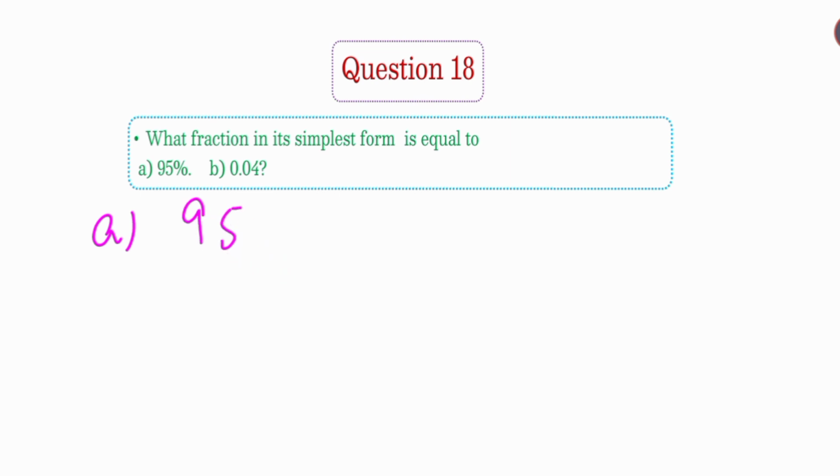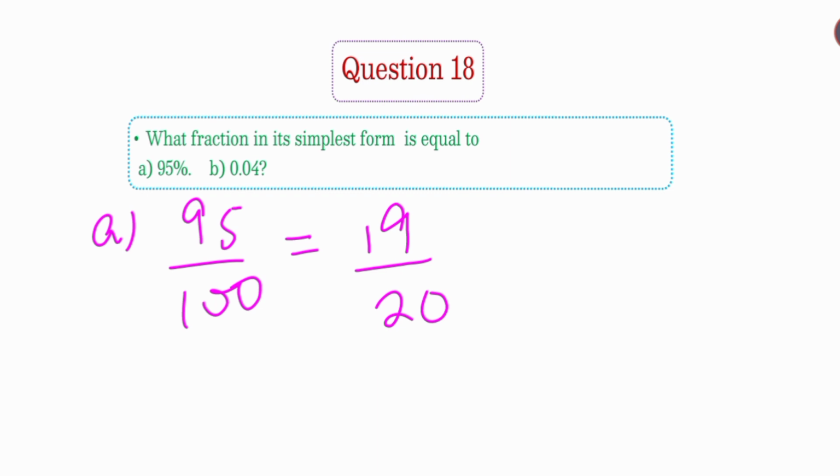The word percent, cent is from century, so that means you will find that number out of 100. So 95 out of 100. If we simplify that, we get 19 over 20.